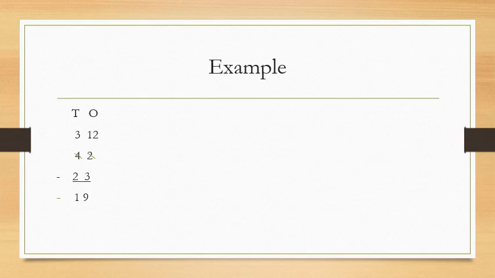So children, we borrow one 10 to make 12 ones. So at tens place, we will write 3, and at ones place we will cut 2, and in place of 2 we will write 12.